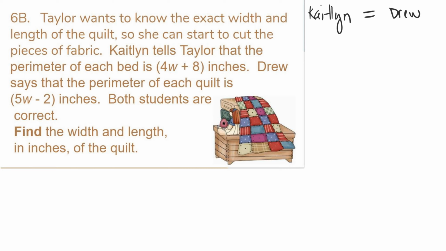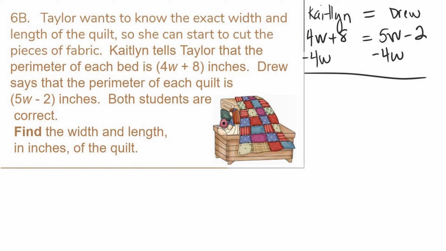Now, the perimeter that Caitlin tells Taylor is 4W plus 8. The one that Drew gave her is 5W minus 2. So from there I can solve to find out the dimensions. 4W take away 4W is 0, and I'm left with 8.